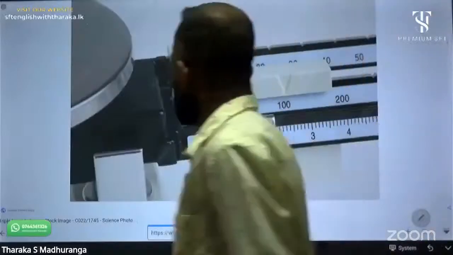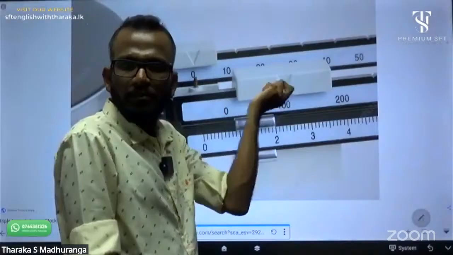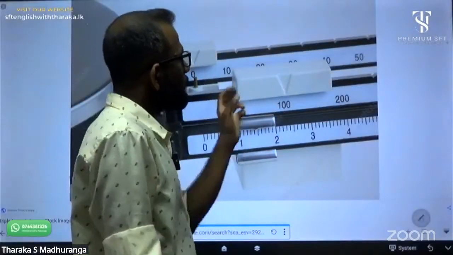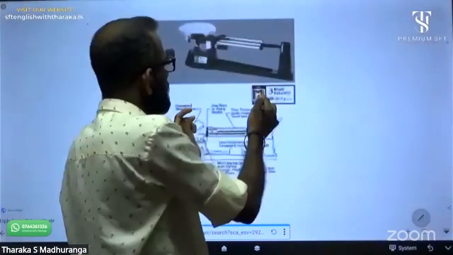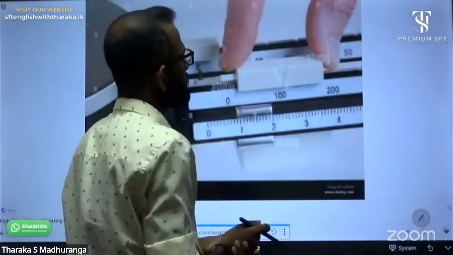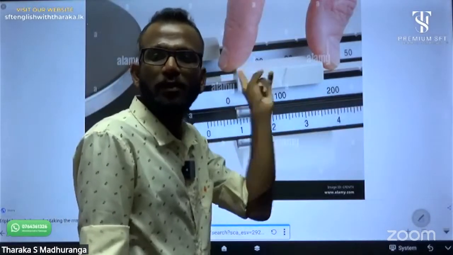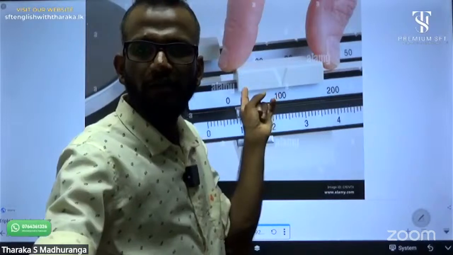First, come to the middle beam. You can see it is calibrated 100 by 100.